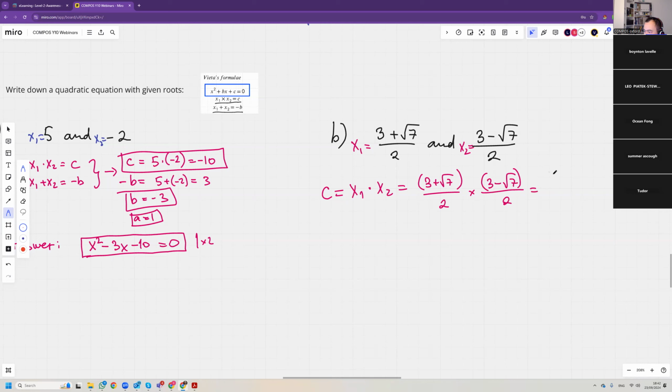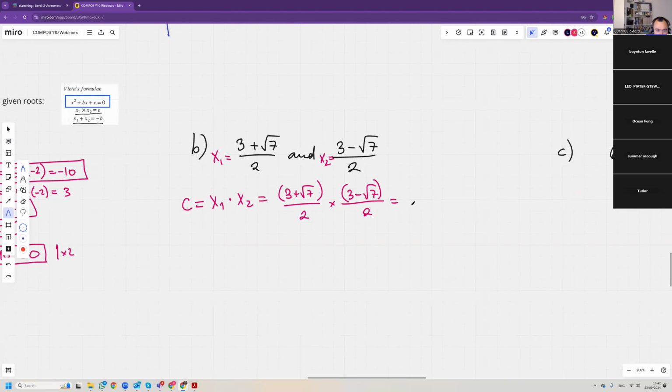You multiply those out. So 9 minus 7 over 4. Oh, sorry, I got carried away here. So you multiply these out. You can use the formula a minus b multiplied by a plus b, which gives you a squared minus b squared.